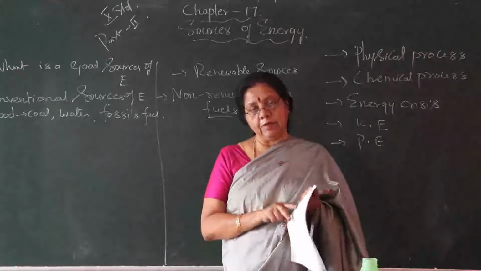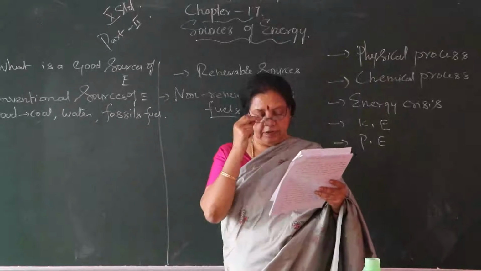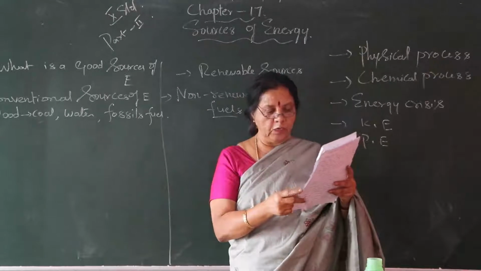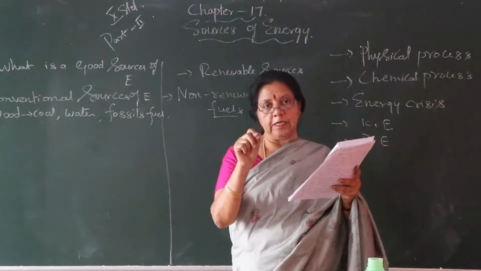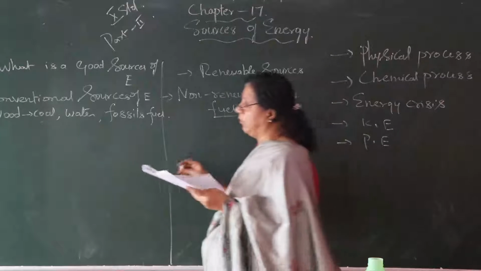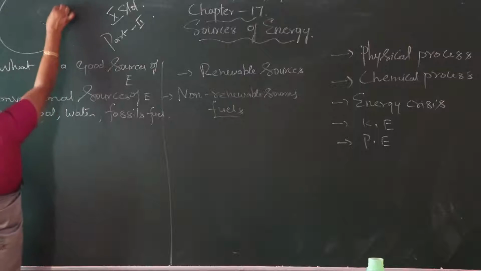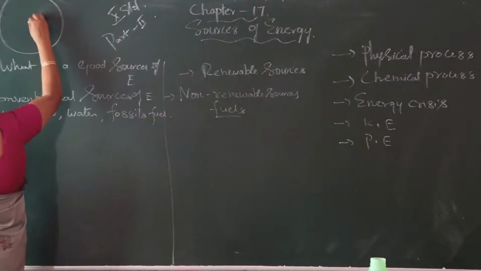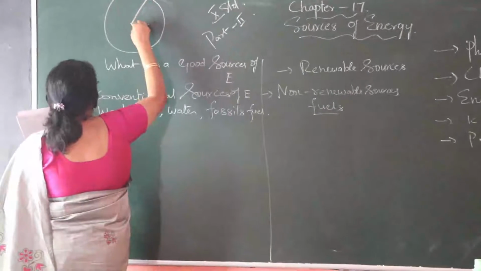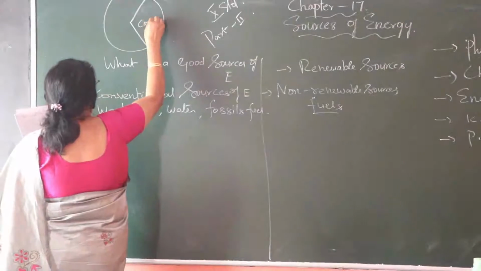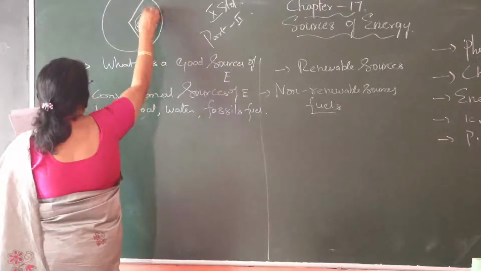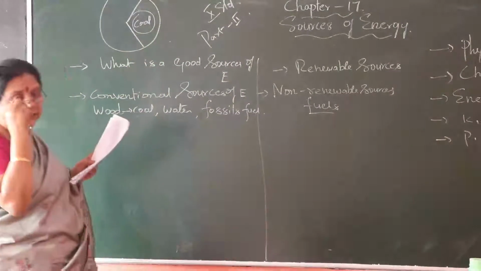So the percentage is given in your book. Open, all of you. See, most of the percentage is coal. They have given one figure, children. See here, there is a circle. See this pot full of coal. This percentage of coal is available in nature, children.